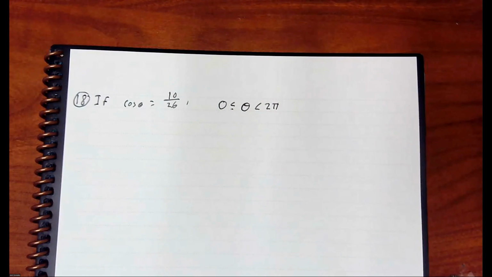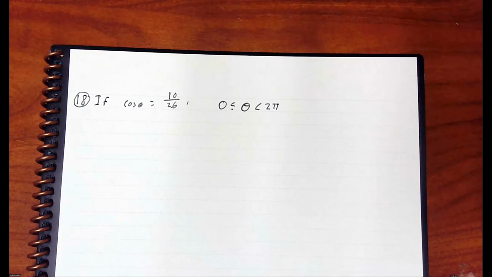When you see that notation, 0 less than or equal to theta less than 2 pi, the way I think about it in my head is theta is ranging from 0 to 2 pi. It's somewhere in there. Right, and 0 to 2 pi means a full revolution. One period. So less than 360 degrees, bigger than 0 degrees.